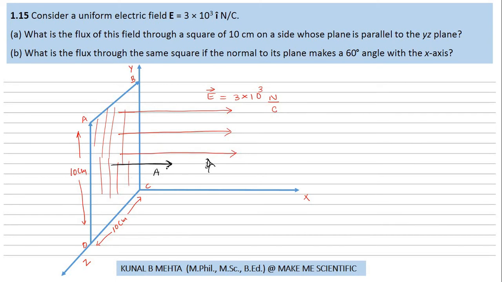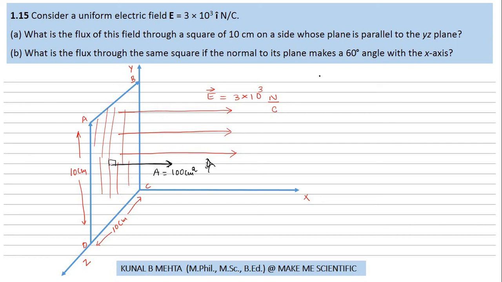So that's why the area vector is always perpendicular to the plane and its magnitude is equal to the magnitude of the area. So the area vector is basically having 100 centimeters square. It is the area, and you can even represent it with a scale, say 1 centimeter is equal to 10 centimeter square. So the area vector is always perpendicular to the surface and it always represents the area of the surface, correct?